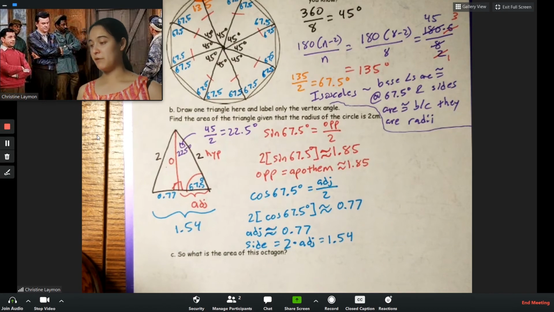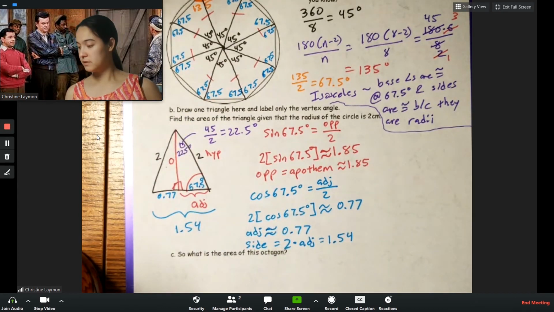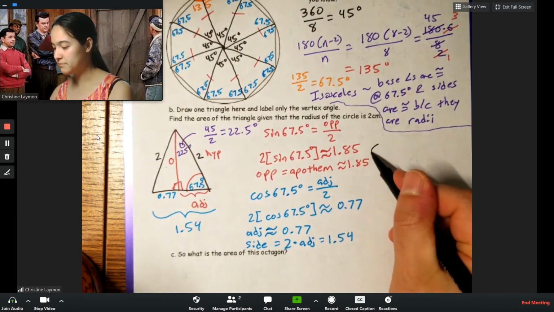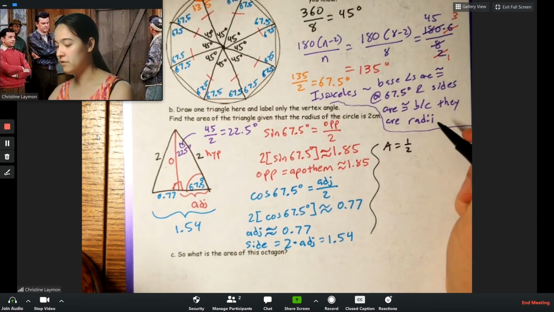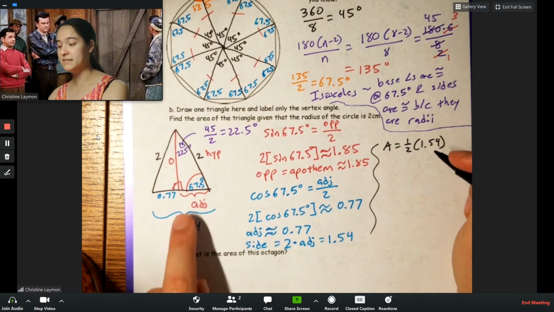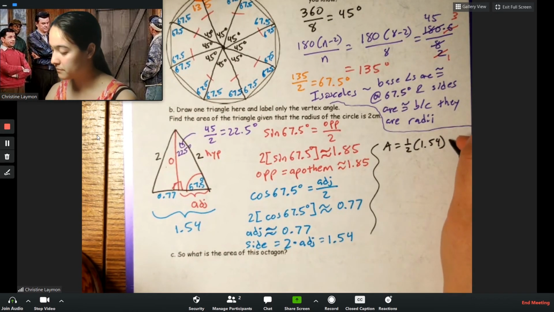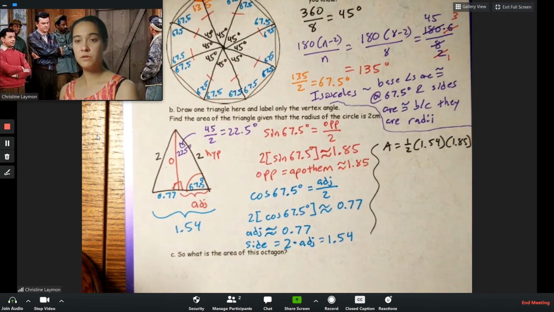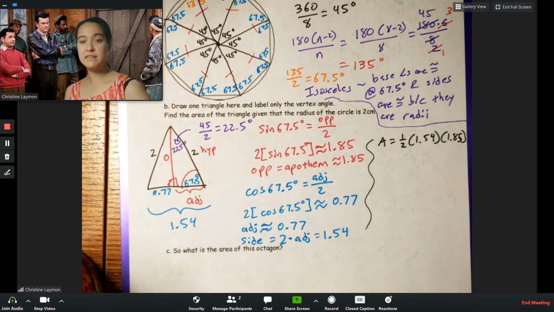Okay, now our job right now is to find the area of one triangle. Let's do that off to the side here. So area equals 1/2. The base is 1.54 times the height, which is the apothem, 1.85. Alrighty, go ahead and type it in.